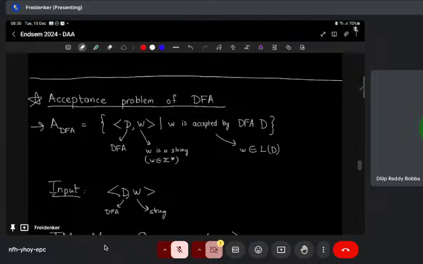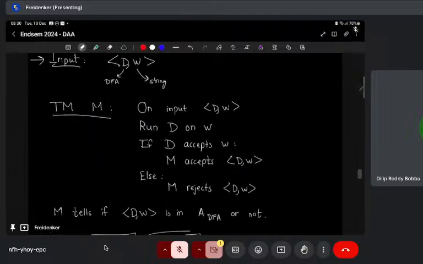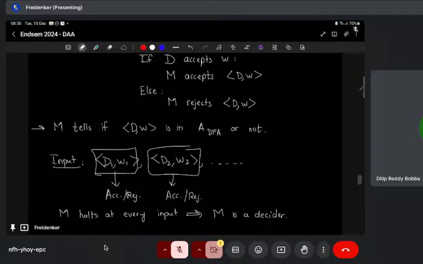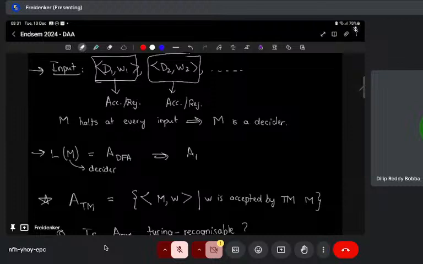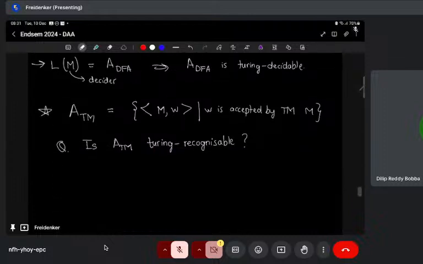And one more thing: the language of M in this case is ADFA, and we know that M is a decider. That would make ADFA Turing decidable. Nice. So ADFA is Turing decidable.